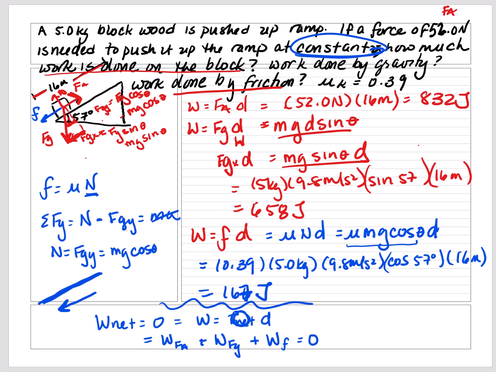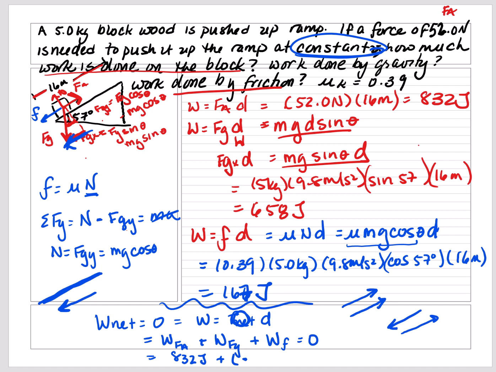So if I need to find friction, I already know work due to the applied force is going to be 832 joules, and it is positive. Why? My force applied is going up. My displacement is in the same direction. My force gravity is going to be negative. The reason it is negative is my force is going down the ramp. My x component, if you look here, is down the ramp, but my displacement is up the ramp.